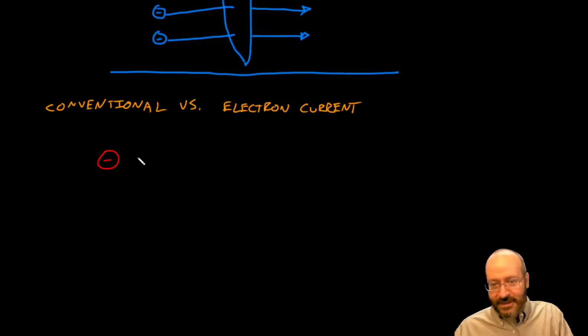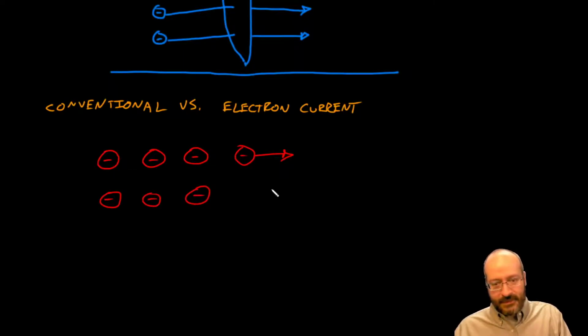Okay, if we take a bunch of electrons and we line them up shoulder to shoulder, next to each other, and then if I want to make the electrons flow, I can pull this one this direction. Let's take a little time snap of what's going on there. I'm going to pull it this direction. It's over there, right?